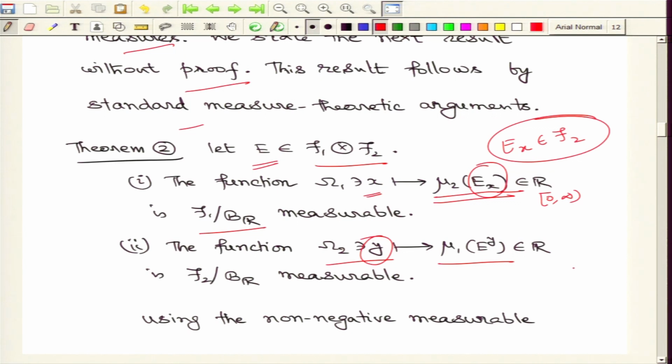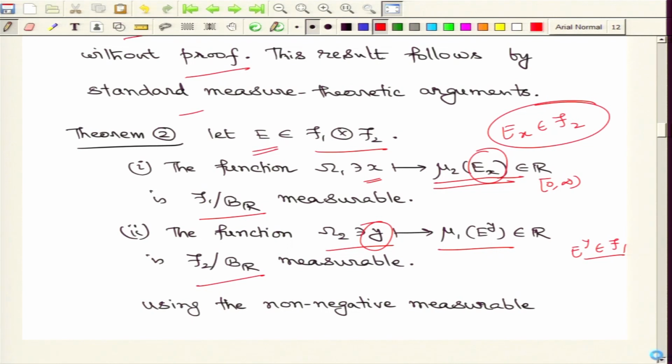Here what we are using is that E superscript y is a set in F 1, and therefore, we can talk about mu 1 of E superscript y, and we claim that this is also measurable, but with the measurability structure given by F 2 over B R, meaning the domain side measurable space is omega 2, F 2, range side measurable space is R, B R. The proof of this uses, as I said, standard measure theoretic techniques, and we skip this for brevity.